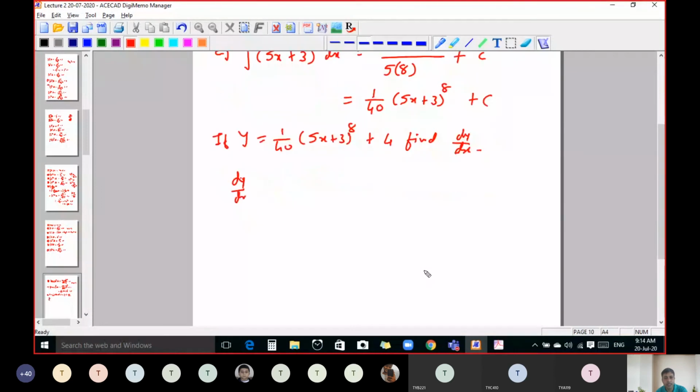So dy by dx equal to 1 upon 40, that is a constant, let us keep that as it is, into, now there is one rule of derivative: for f of x raised to n, the derivative is n times f of x raised to n minus 1 into the derivative of this function, which is denoted by f dash x.